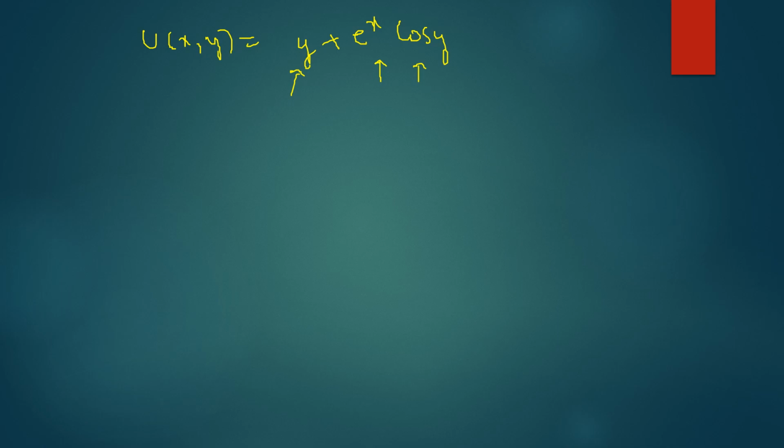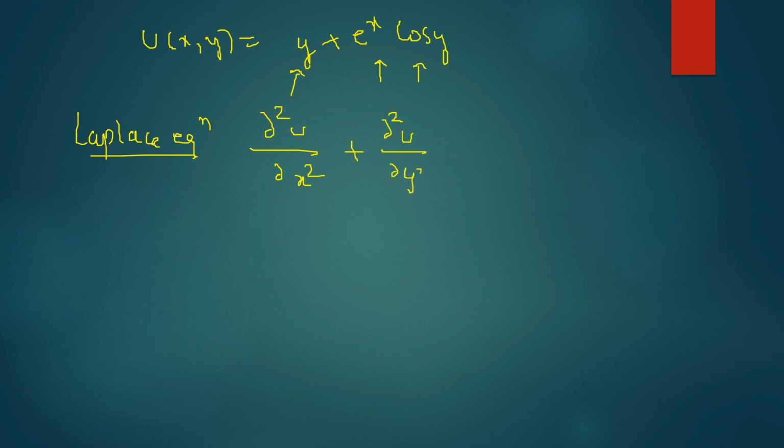Now we have to check if it is satisfying the Laplace equation or not, because then it will be declared harmonic if it is satisfying. The Laplace equation is what? Double differentiation of u with respect to x plus double differentiation of u with respect to y has to be 0. Okay, so firstly the single derivative. With respect to x, y will be considered constant.